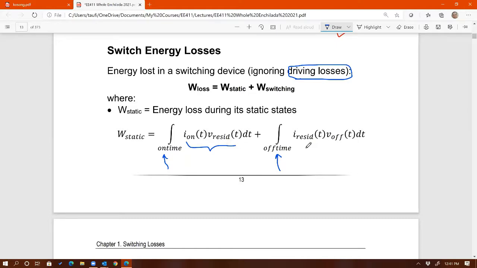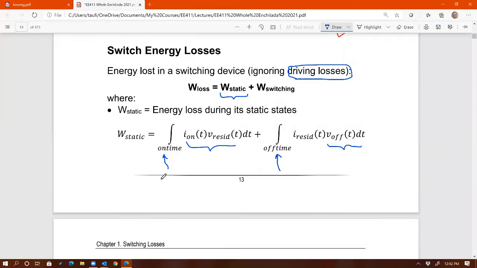Same thing with the off time. When the switch is fully off, you have a practically constant voltage across the switch, and some very tiny leakage current going backward through the switch. If you multiply the two, you get static loss when the switch is fully off. That's the first part of the equation for static.